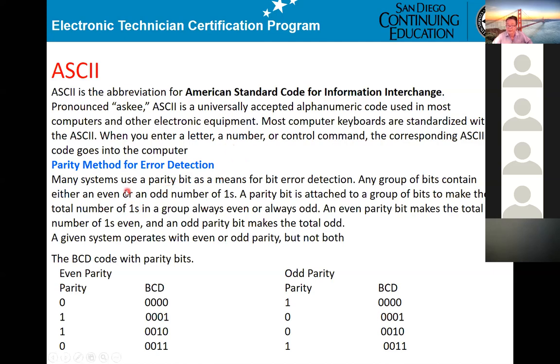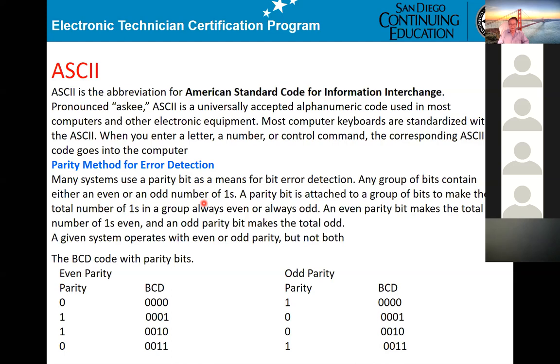Okay? When they transfer it, they have to get a way to check to make sure that for some reason 0 does not change to 1 or 1 change to 0. That makes a big problem. When you transfer $1, you want to deposit $1.